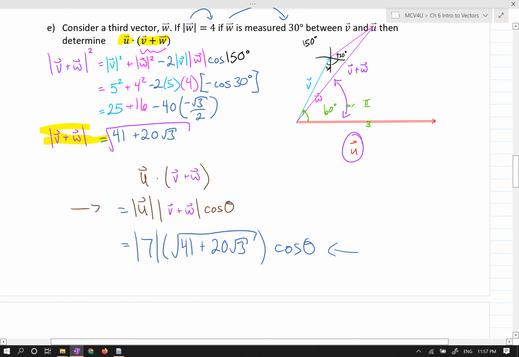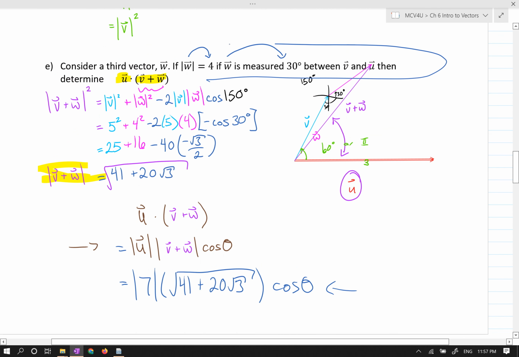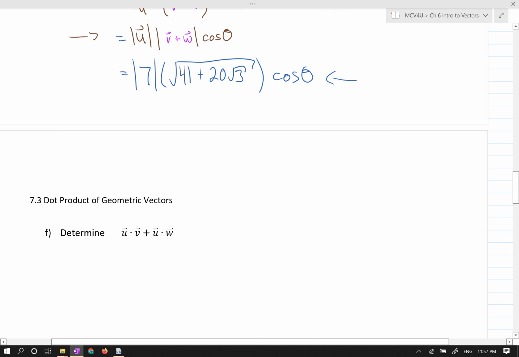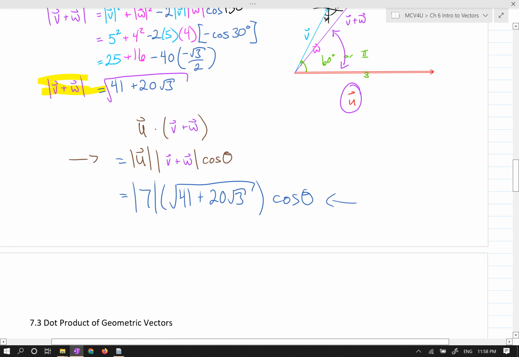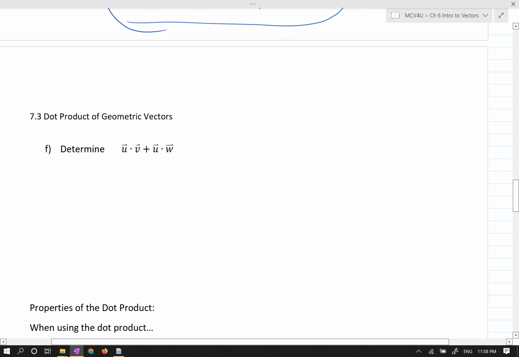All right, I might actually change the wording of this problem for you folks. Now, if we end up at an impasse like this, where there's more work than we particularly care to do, that's okay. Because you might notice the last question was worded u dot v plus w.